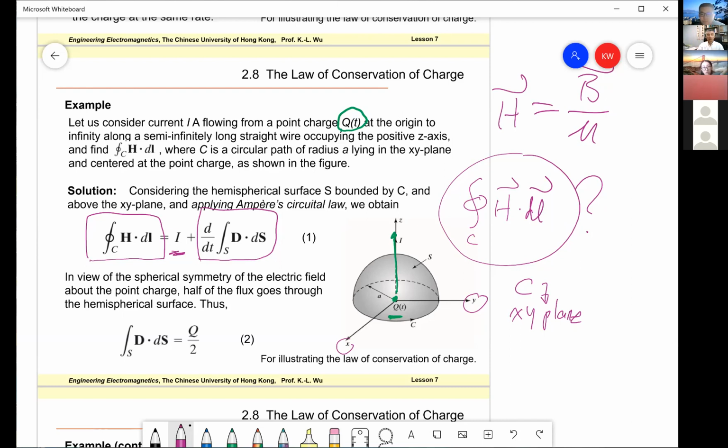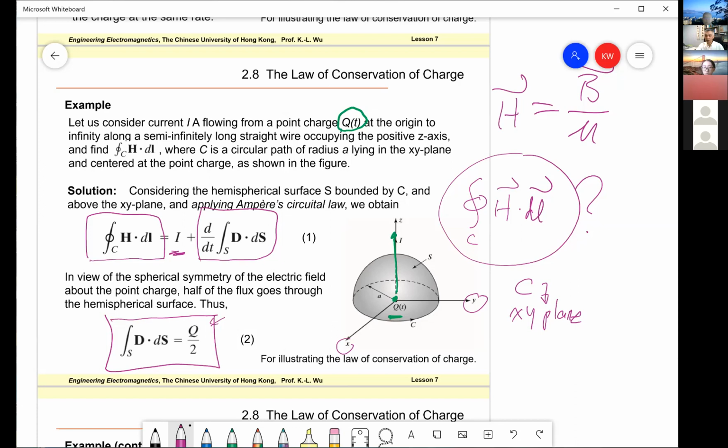Then I have sufficient reason to say this, because this S is half of a complete sphere. If I use a complete sphere, then I know the total charge inside is Q. Then the flux over a semi-sphere, or half of the sphere, is half of the Q. So that is a relation we can use.